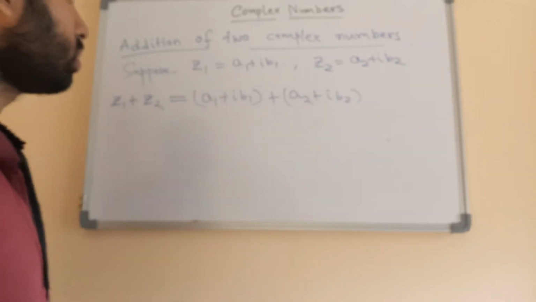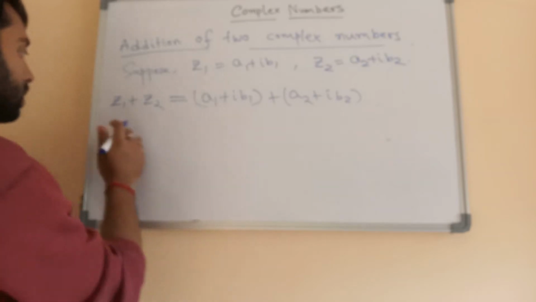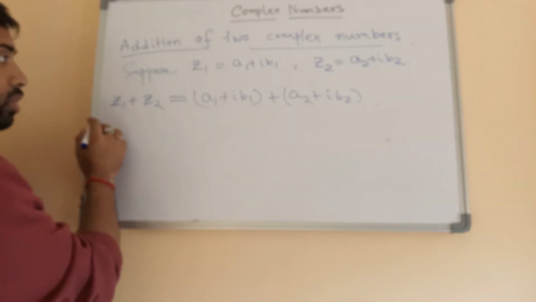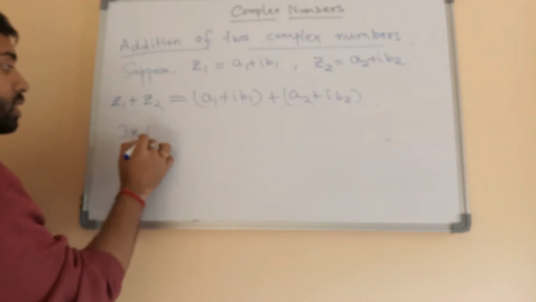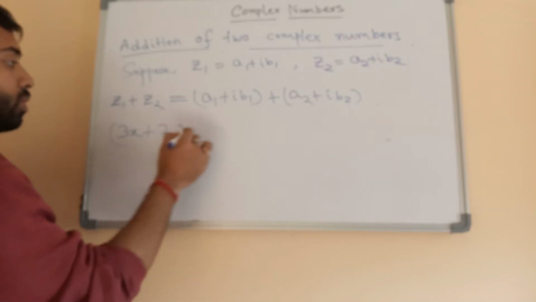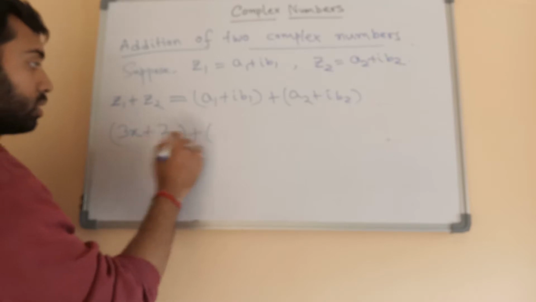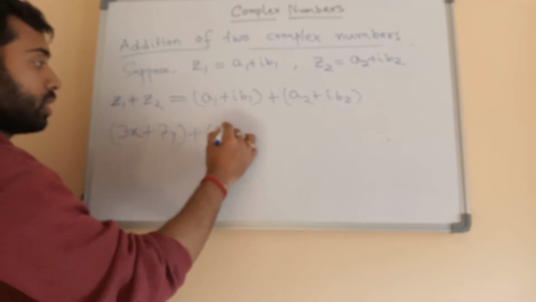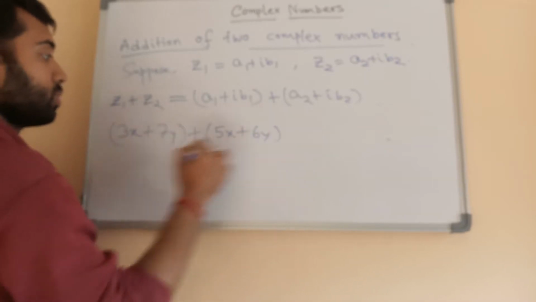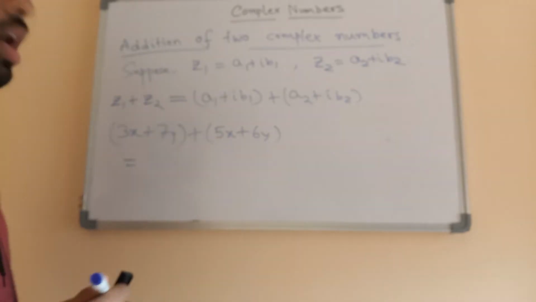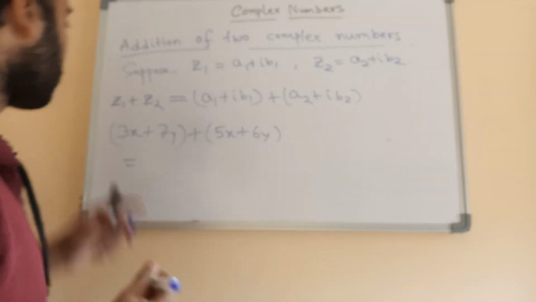Before performing this addition, I am going to tell you a very basic rule. Whenever we are adding two algebraic terms, 3x plus 7y and suppose 5x plus 6y, how do we add them?